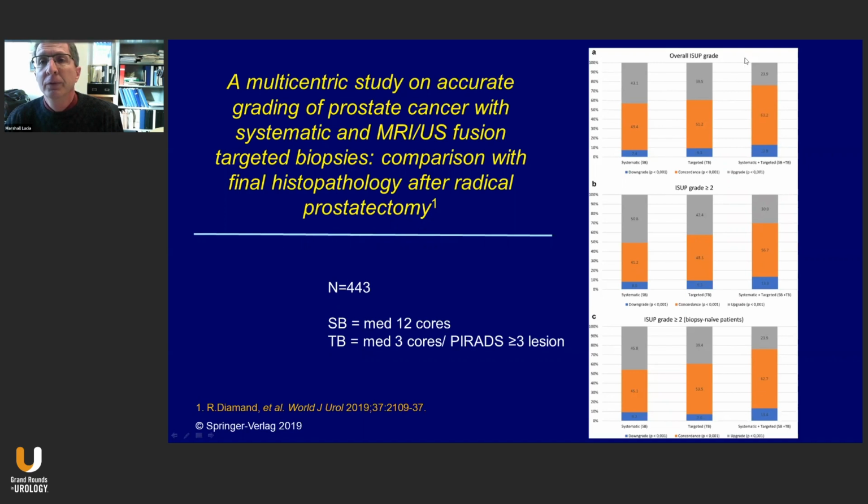And this was true for overall ISUP grade, or if you confine it to just ISUP grade 2 or above, grade 1s going to grade 2 or above, or in biopsy naive patients. In every case, the combination of systematic plus targeted biopsy was superior to either of the modalities alone.